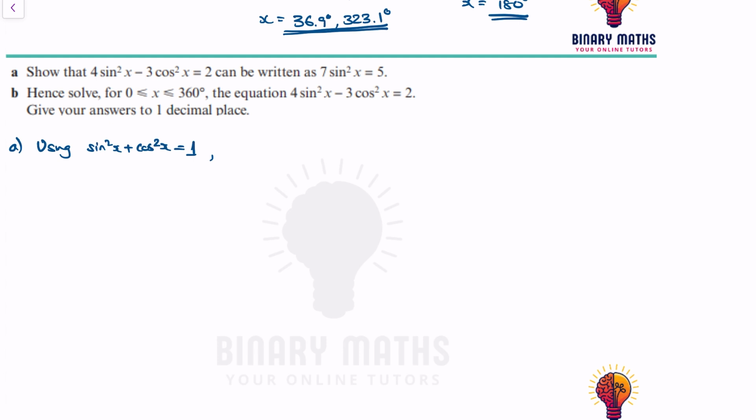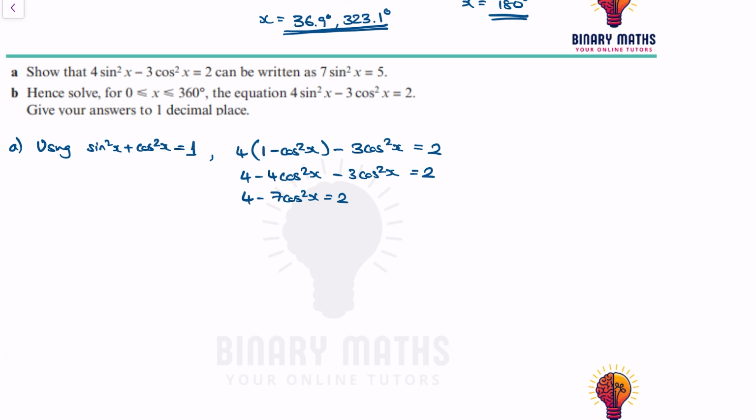And we're eliminating sine squared, so that means changing sine squared to 4 times (1 minus cos squared x) minus 3 cos squared x is equal to 2. If we expand that, I get 4 minus 4 cos squared x minus 3 cos squared x is equal to 2, which means 4 minus 7 cos squared x is equal to 2.